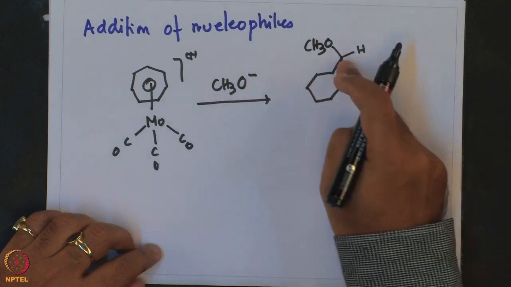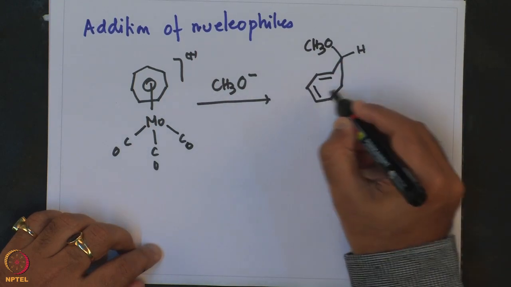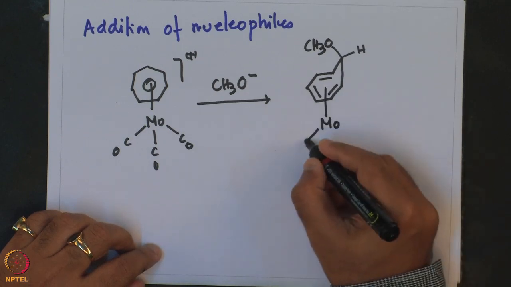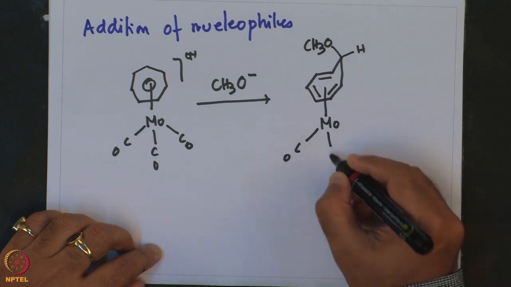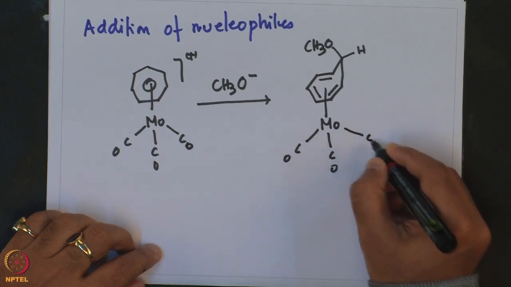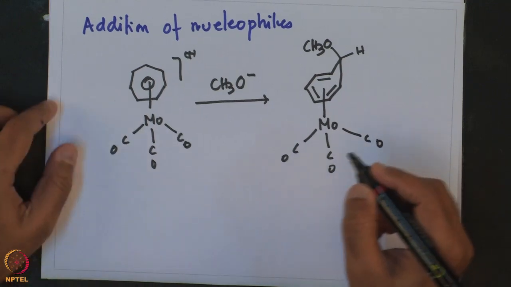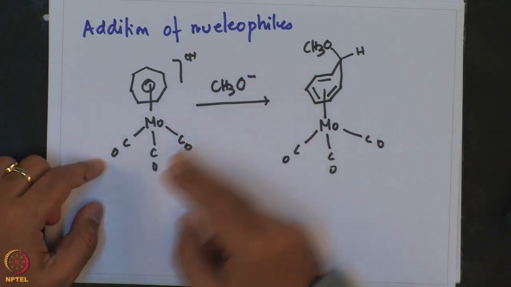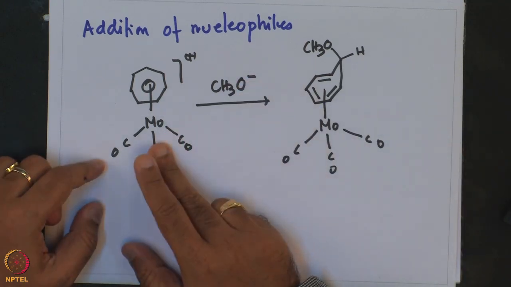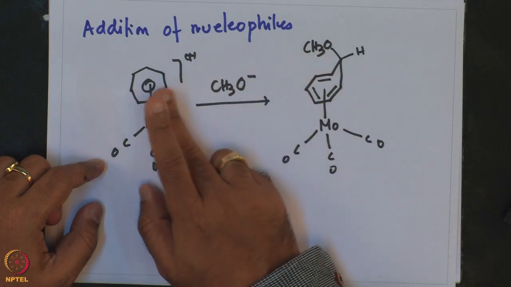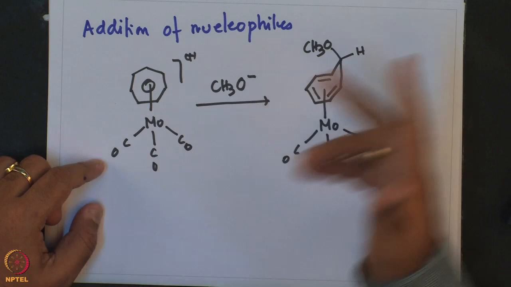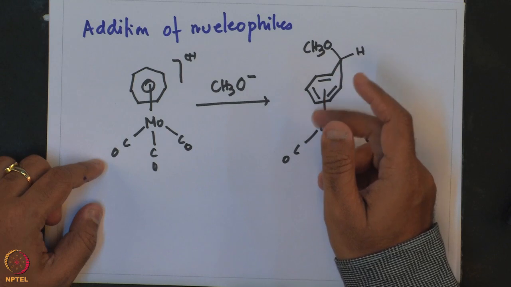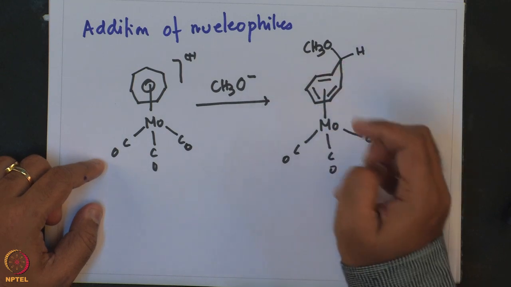So, CH3O attacking the ring. What is interesting over here is that this nucleophile does not attack molybdenum, but instead attacks this C7H7 ring, and as a result this cycloheptatriene is formed.